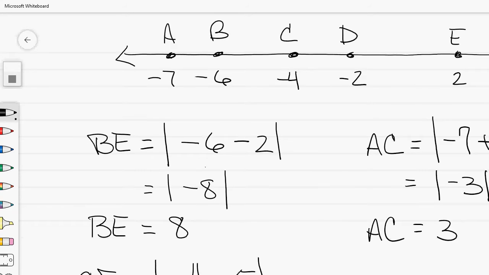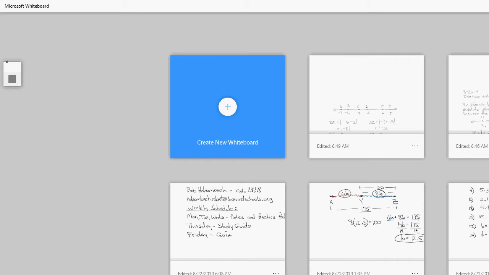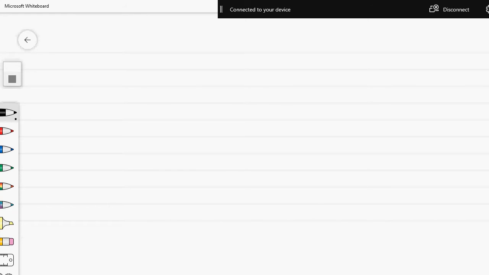All right, turn the page. On page 26, there's a key concept. Distance formula in the coordinate plane. All right. So now, distance formula, the last distance formula you did was on a number line.